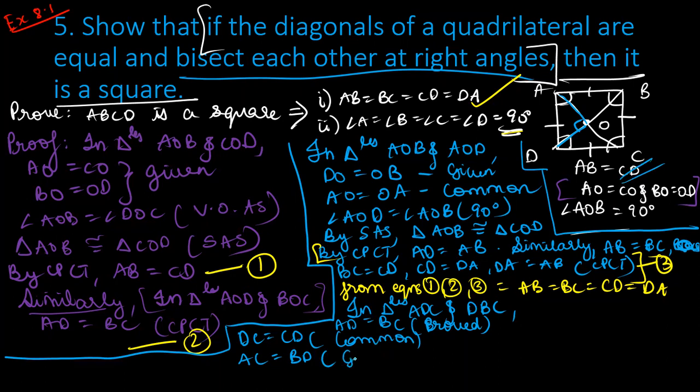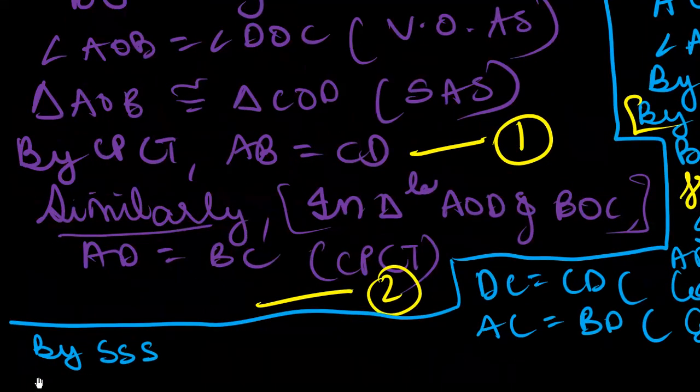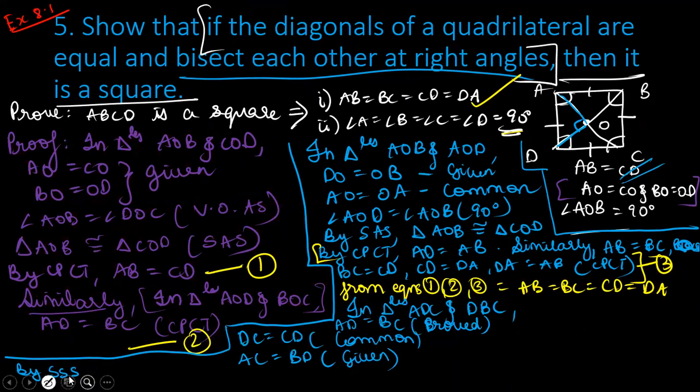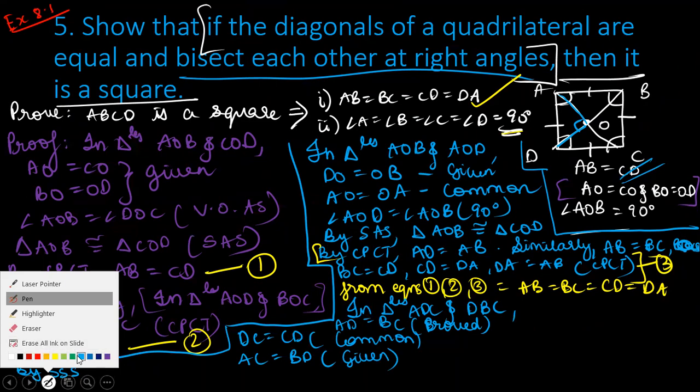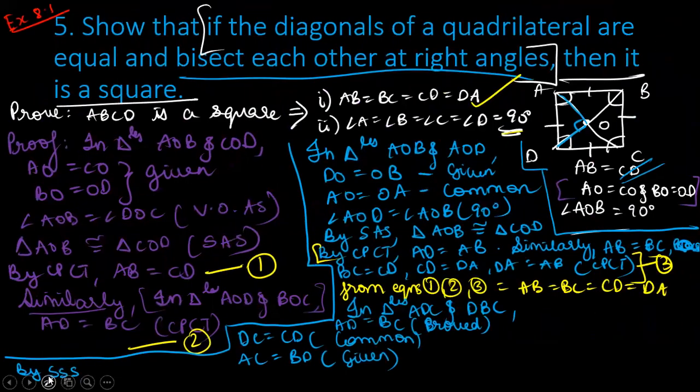So AC is equal to BD, that is given. So by SSS congruence rule, I can say that triangle ADC is congruent to triangle DBC, right?